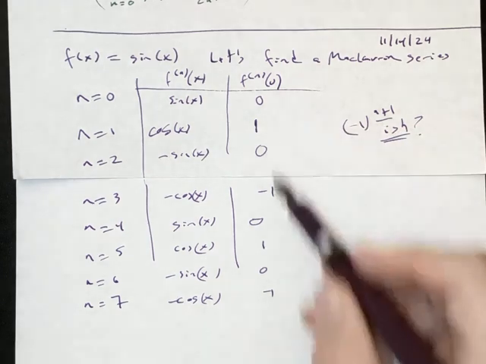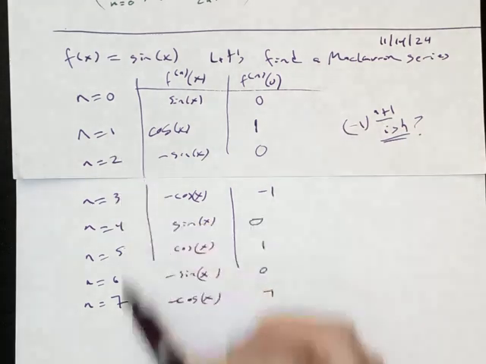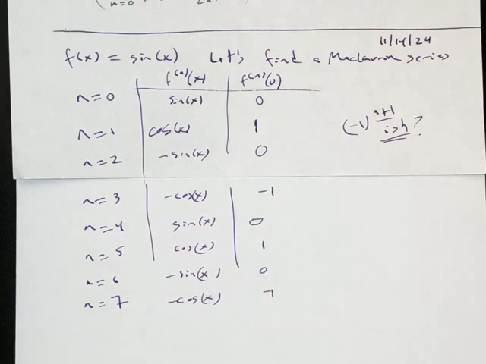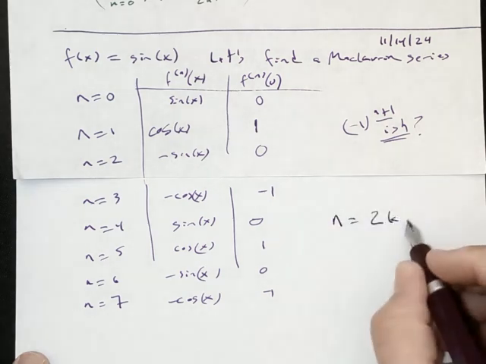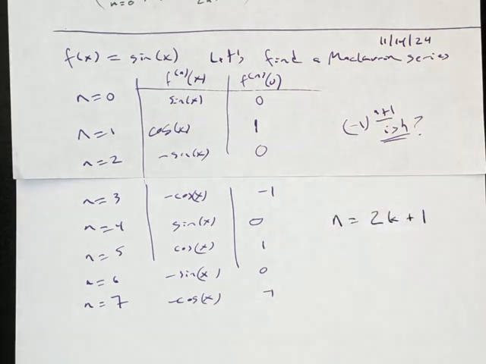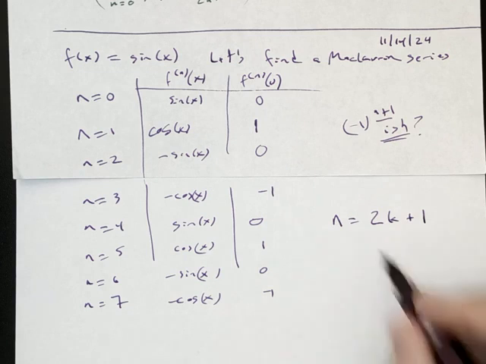Because if you think about it, we're only 1 or negative 1 at 1, 3, 5, 7. 2 something plus 1 gives me an odd, right? So what if I write my n value as an odd number? Change variables. Because I have an n already, I don't want to use it again. This would force it to be odd.